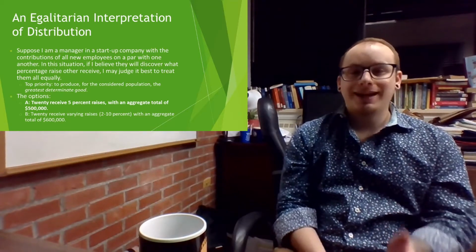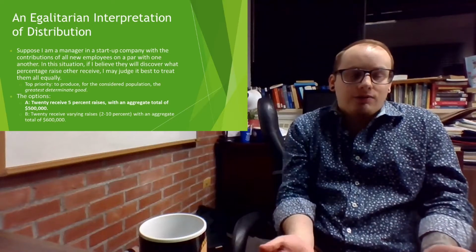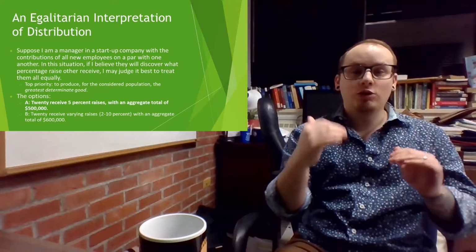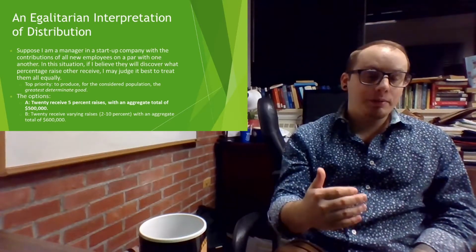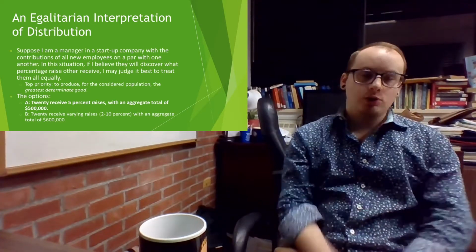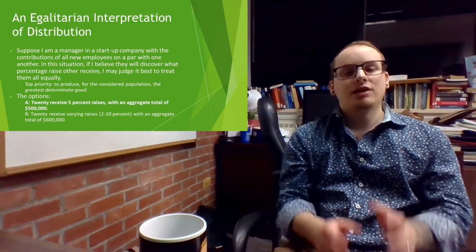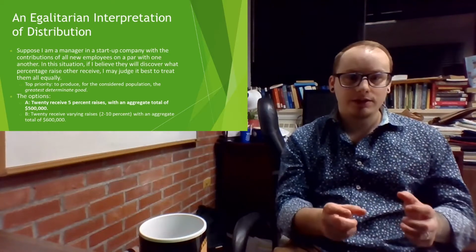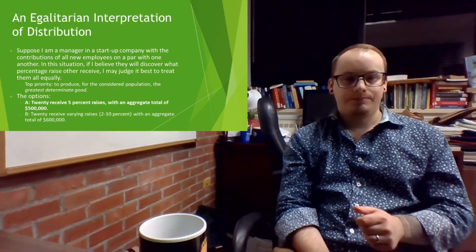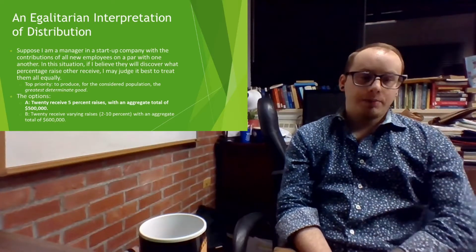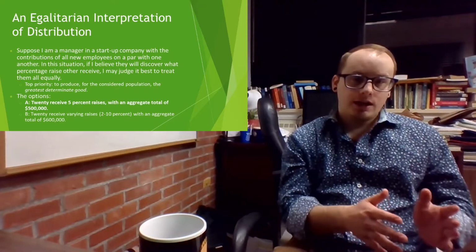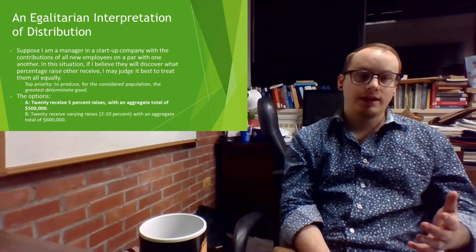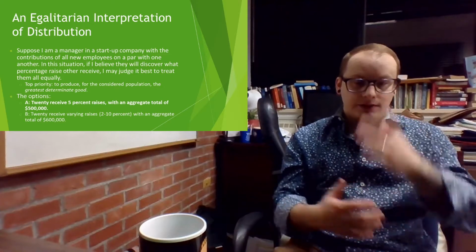In this situation, then I might believe that if they end up discovering the percentage of raise others receive when they all did equal work, then it might actually be best for me to treat all of them equally with their pay. So in this case, my top priority is to produce for this considered population of the new employees the greatest determinate good. My two options might be A, where 20 of my employees then receive a 5% raise with an aggregate total then of $500,000 being given to them.